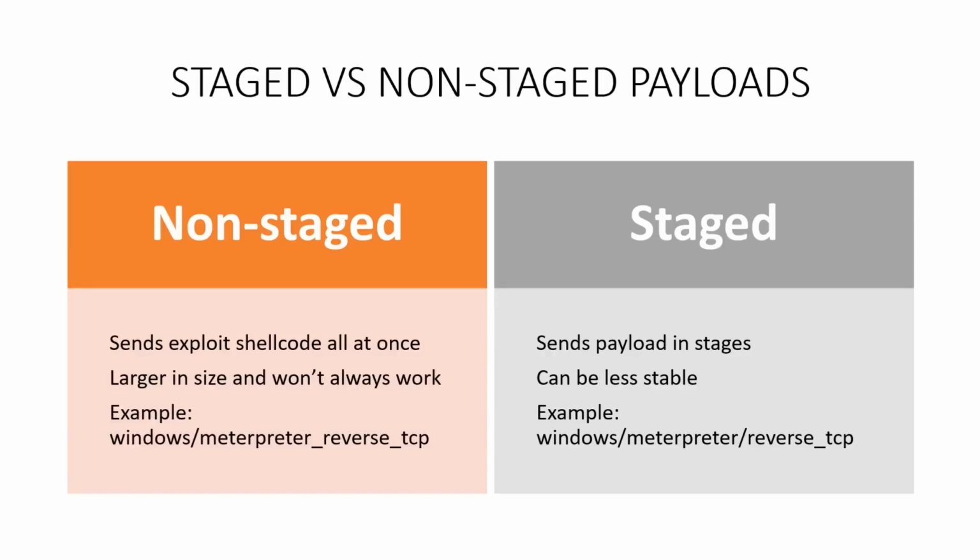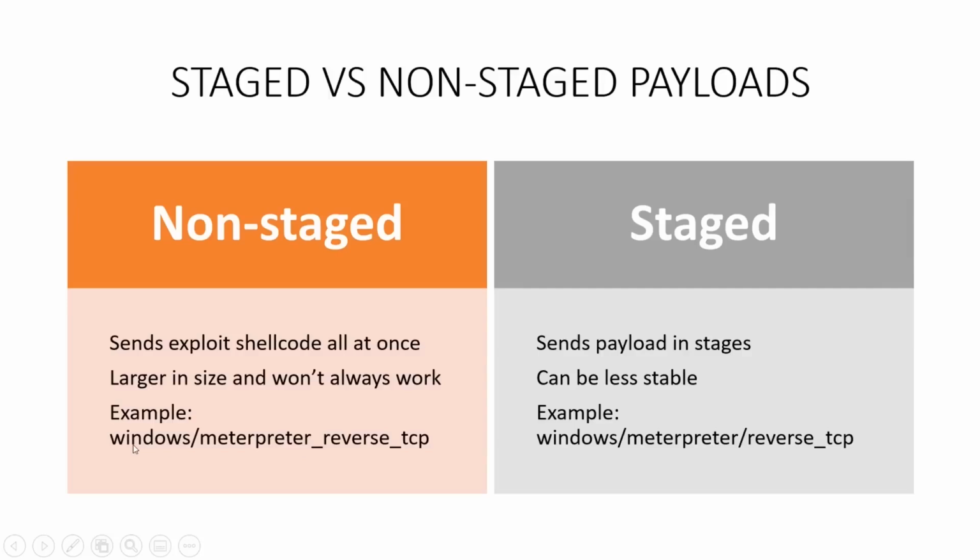And we have an example of it, and this is really what I want to point out: we have this non-stage payload and we have a stage payload. And you see the one difference between the two? All it is is a /. So when we're using something like Metasploit and we have to pick out a payload, if we see something like meterpreter_reverse_TCP, this identifies that this is a non-stage payload.